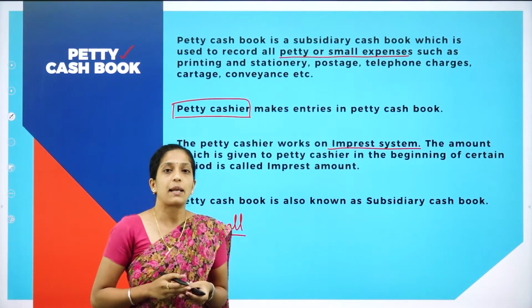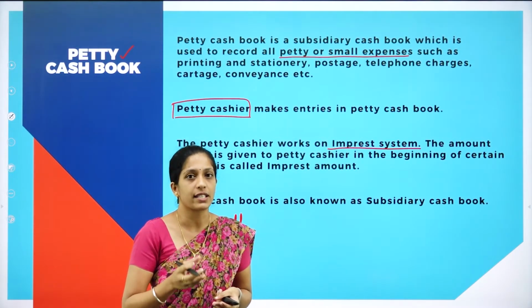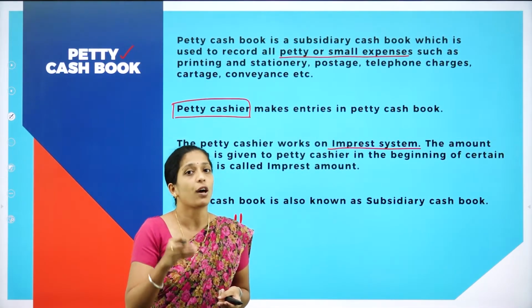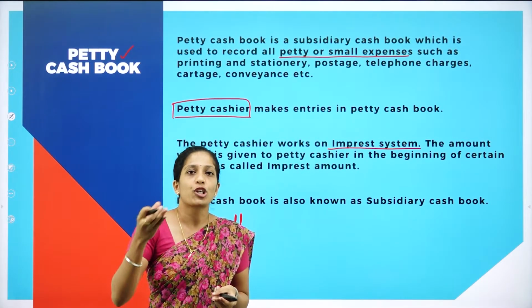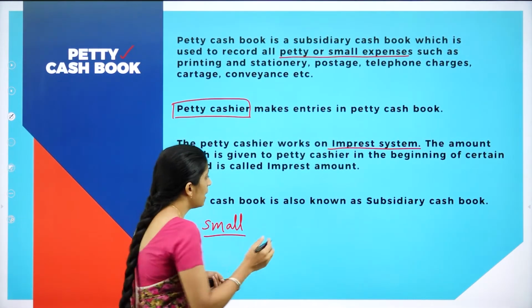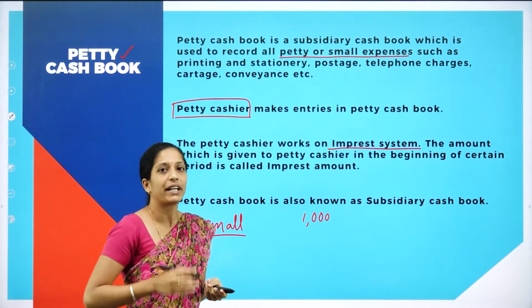Now what is this imprest system? Normally the petty cashier works on the imprest system. At the beginning of a particular month or week, the main cashier will give a certain amount to the petty cashier. For example, ₹1000 is given by the main cashier to the petty cashier.